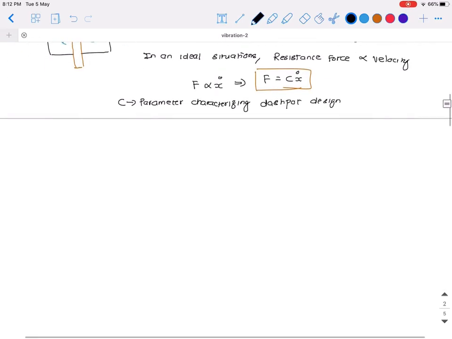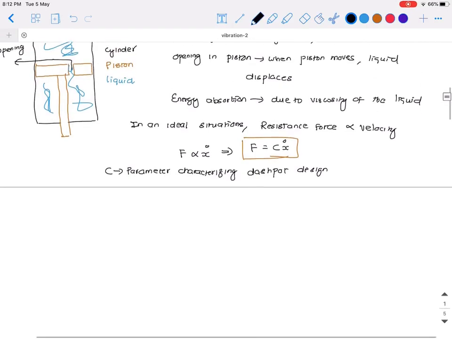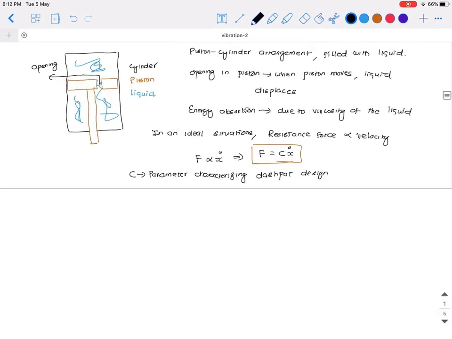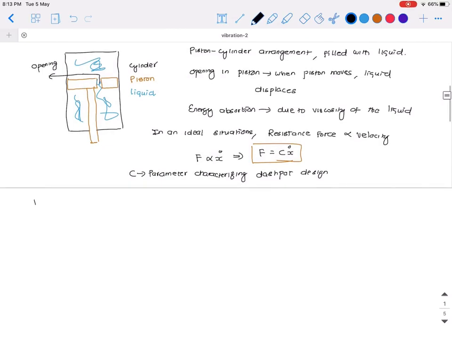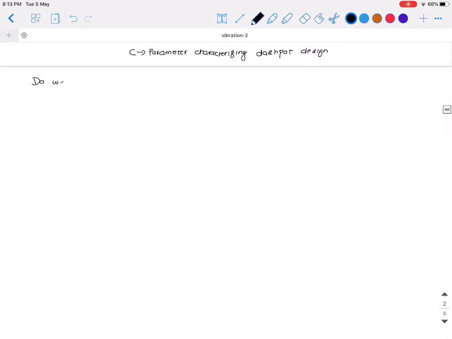Okay, so let me ask you one question. I will not answer this question, you figure out. So we see that there is a hole in the piston when we have a liquid. Do we need this hole in the piston if it is filled with air or with some gas?